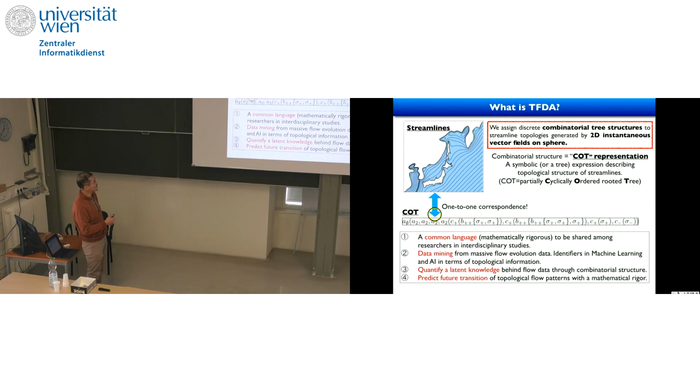By using these sequences of letters, we can conduct data mining from massive flow evolution data that can be available for identifiers in machine learning and AI in terms of topological information. We also quantify latent knowledge behind flow data through combinatorial structure without introducing a specific physical model. And by using this code representation, we have a mathematical theory predicting future transitions of topological flow patterns with mathematical rigor. So this is TFDA.